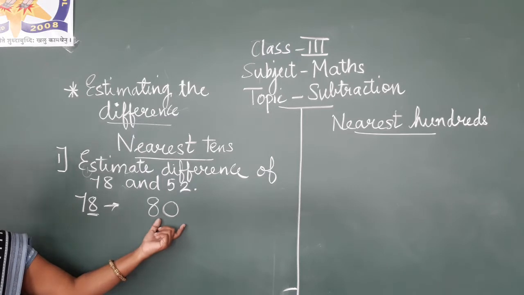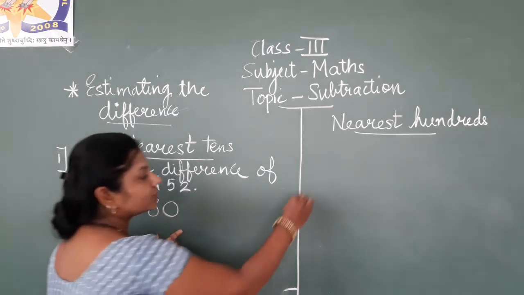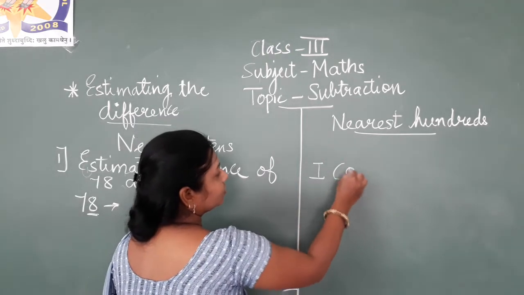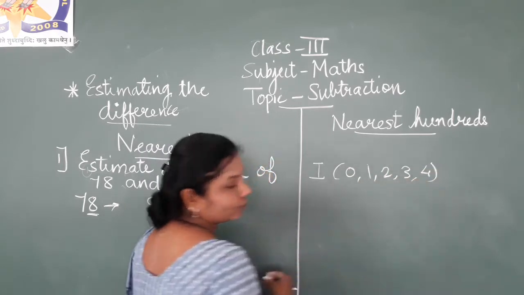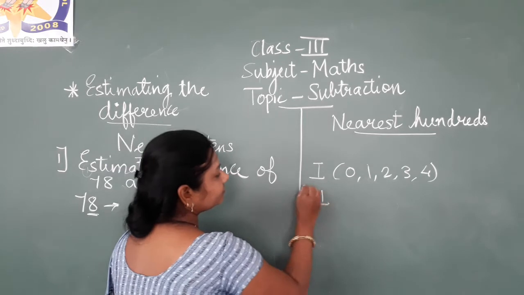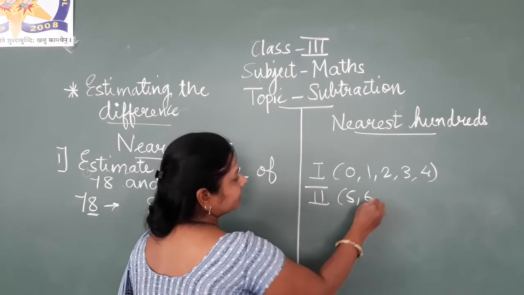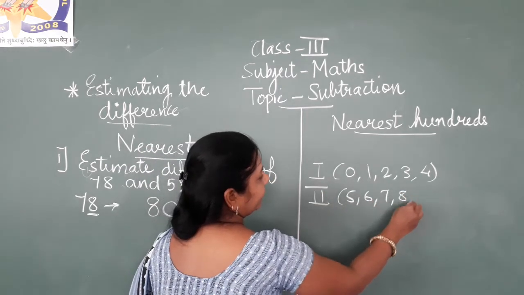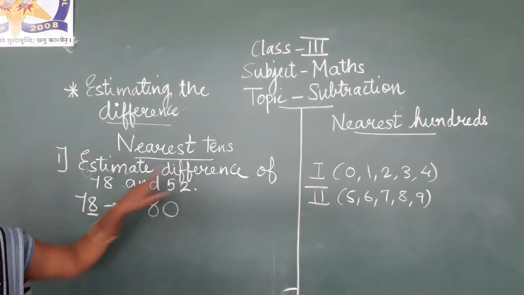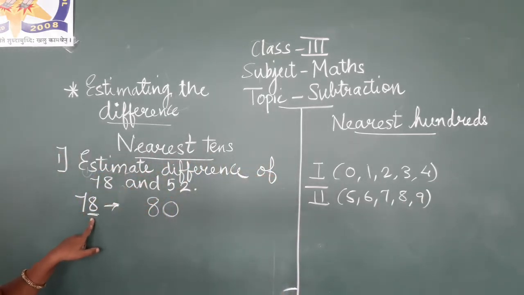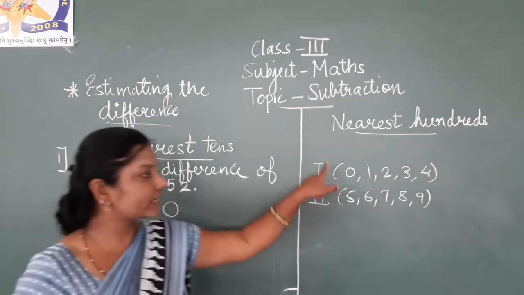Are you getting it? Do you remember that I made two groups? First group of 0, 1, 2, 3 and 4. And second group 5, 6, 7, 8 and 9. Now if it is nearest 10, check the digit at ones place. Check whether it is in first or second group.